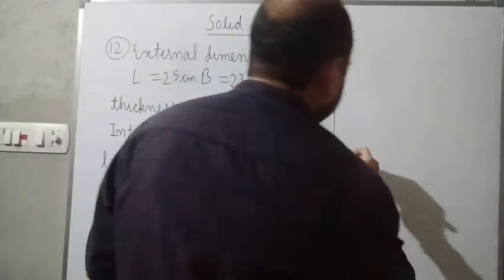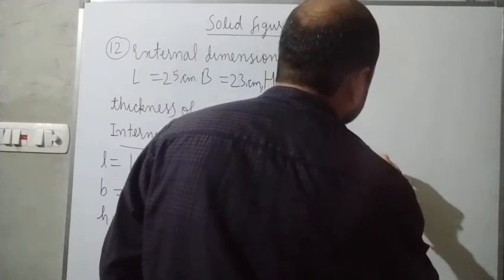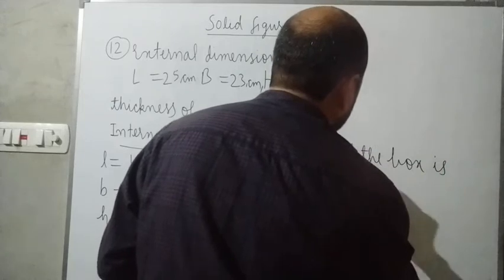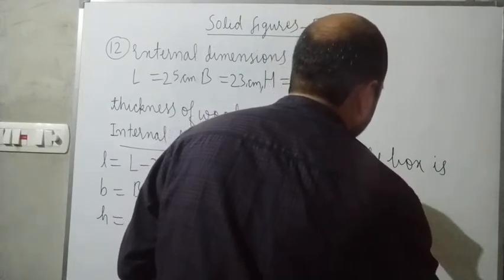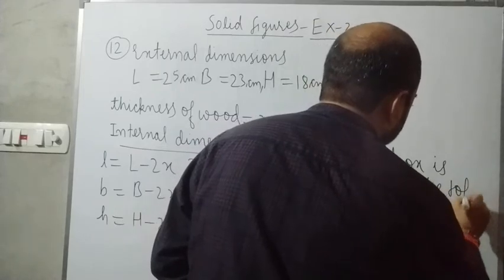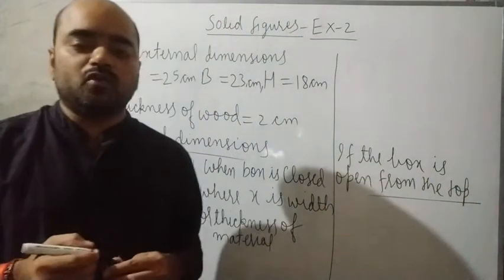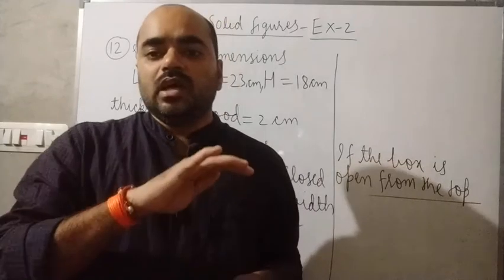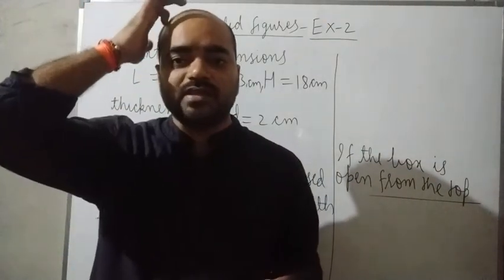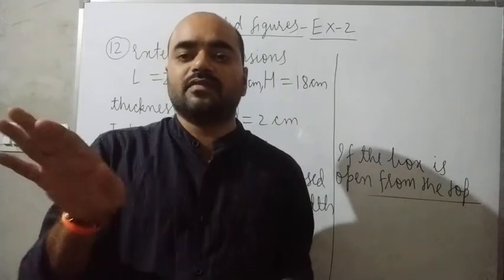But if the box is open from the top, then what is the problem? Open from the top means it has only 5 faces. Why? The upper ceiling face is removed. It means the sixth face is absent.